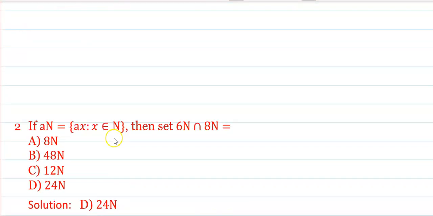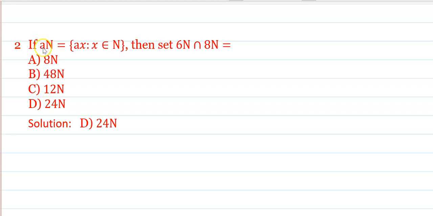Now the next one: 6N intersection 8N, where aN is equal to {ax such that x belongs to N}. Here, if you multiply the set of natural numbers by 6, or multiply the natural numbers by 8, then what will be common? To find this out, we need to find the LCM.